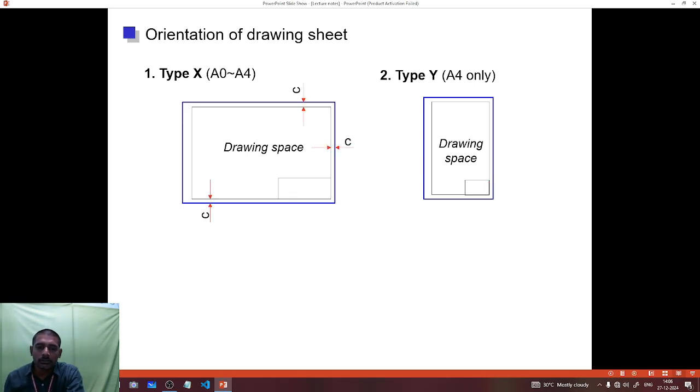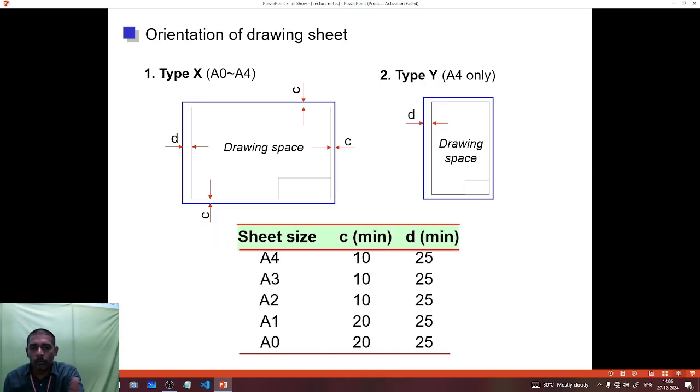Next, the margin dimensions. D is the left side margin, and C is the top, right side, and bottom margin, which are uniformly followed. The dimensions of the margins are mentioned here. For the A4 sheet, C is 10 mm and D is 25 mm.